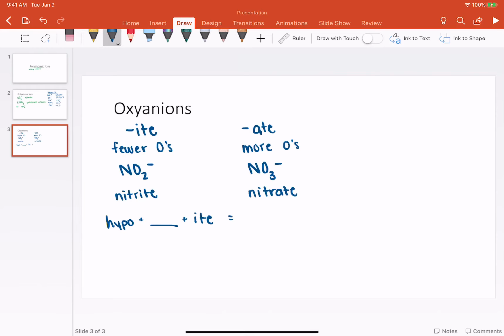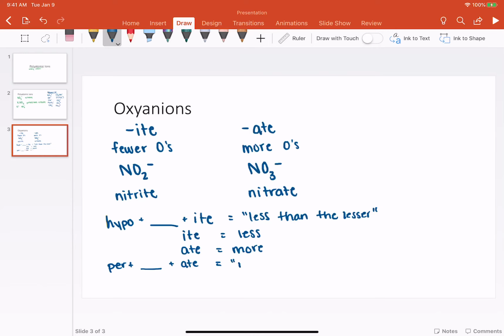So I like to call that less than the lesser. And then we have our ITE, which just means less, ATE meaning more. And then if we have even more, then we'll have per plus the root plus ATE. And I like to call that more than more.